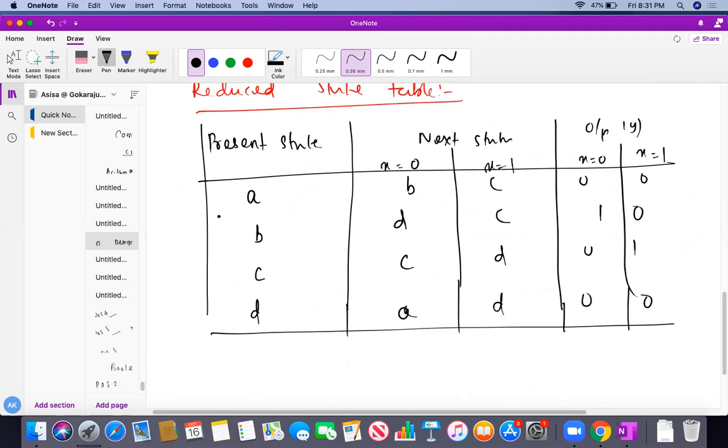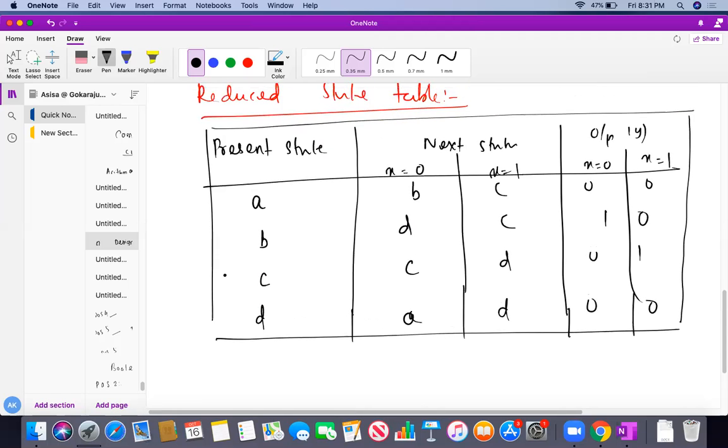Do you all understand why you have to remove this state? Because for states C and E, the next state and outputs are similar. That's why we have removed one state by assigning the removed state to C. So this is my final reduced state table.